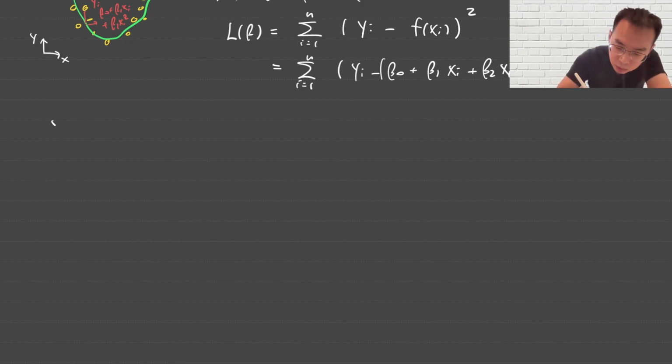So let's also define y as a vector from y1 to yn, an n by 1 vector.